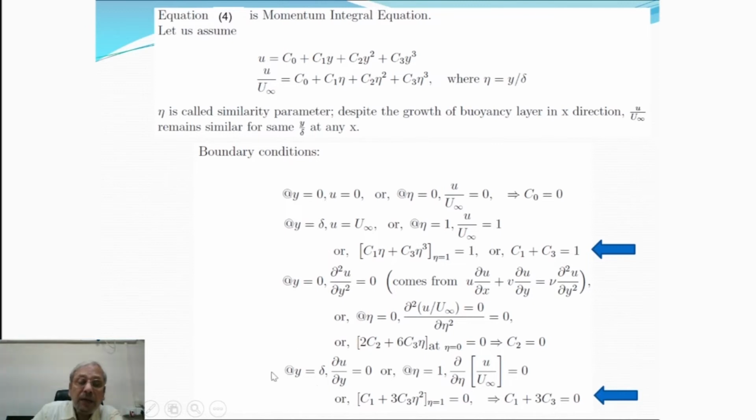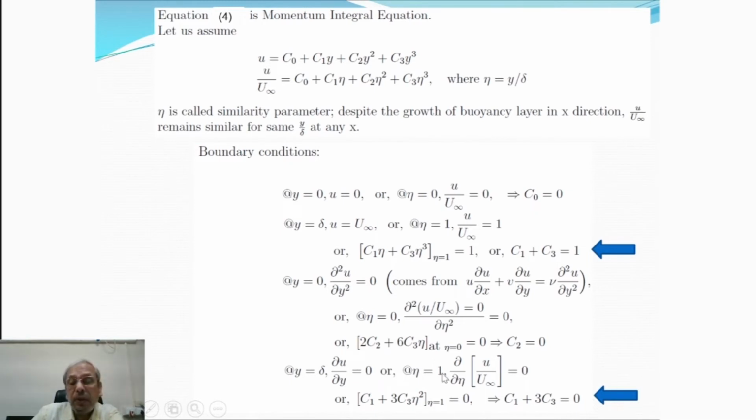We have already applied this and found C2 equal to 0. Then we go for the remaining boundary condition that at y equal to delta, del u by del y is 0. The velocity gradient becomes 0. U becomes equal to U infinity, and from the edge of the boundary layer to the rest of the flow field in the y direction, we can apply del u by del y equal to 0.